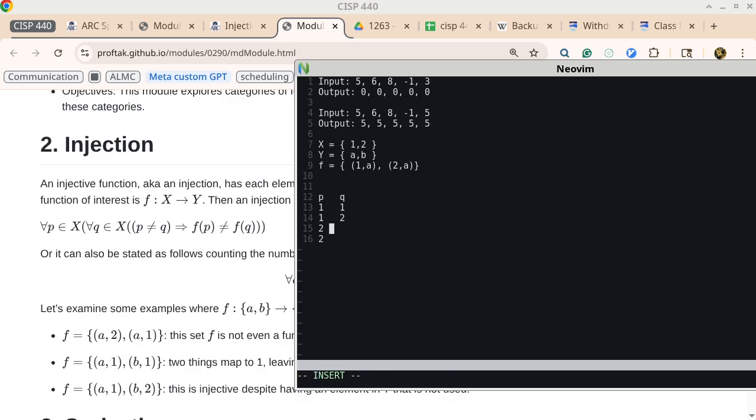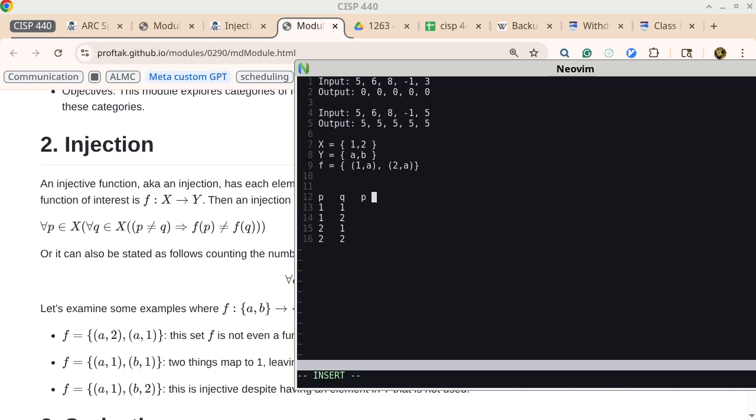So q can be 1, 2, 1, 2. Are we okay with this? Because nothing says that p and q cannot be the same thing, not in the quantifiers. Later on, we have some expression to say, if they're the same, don't worry, we don't have to think about it.